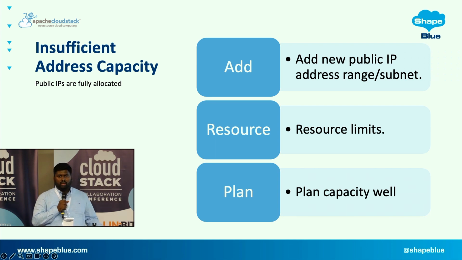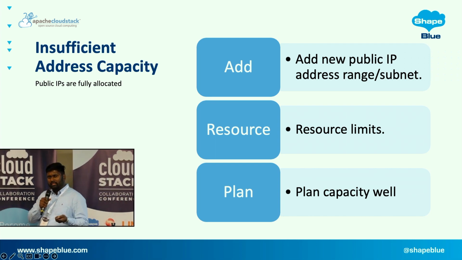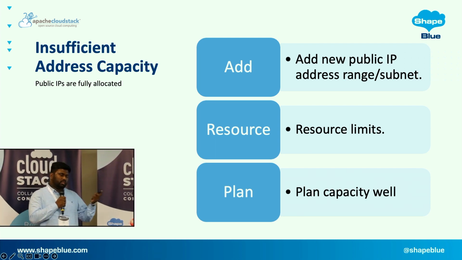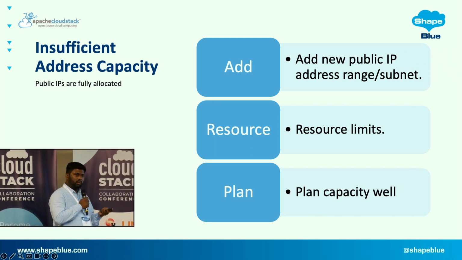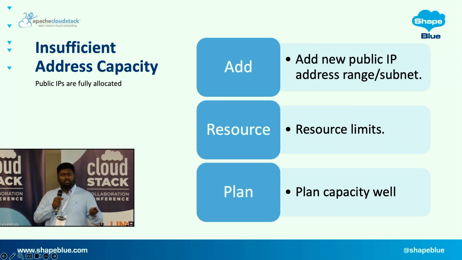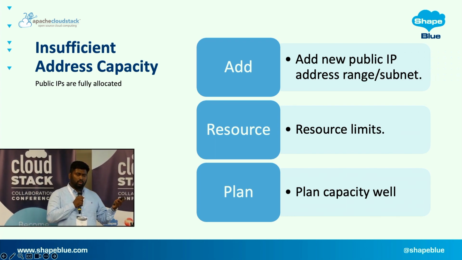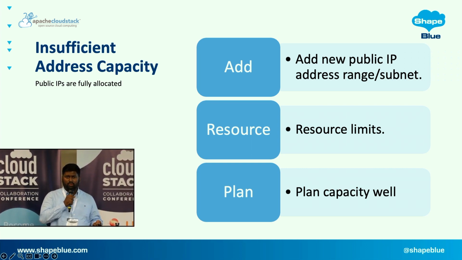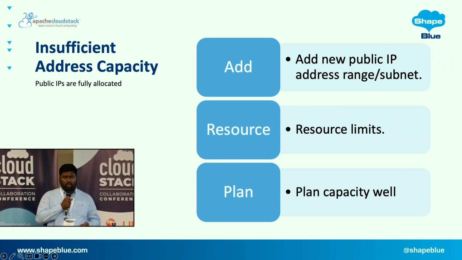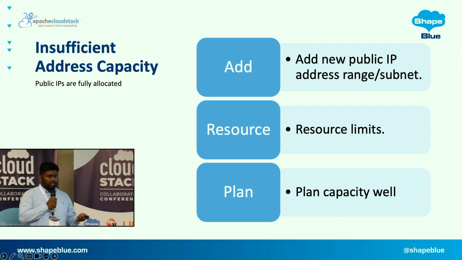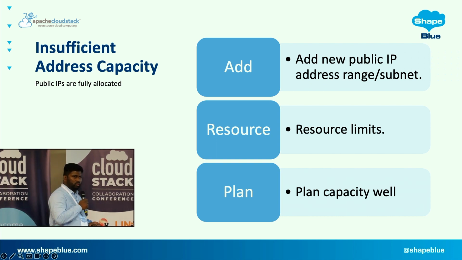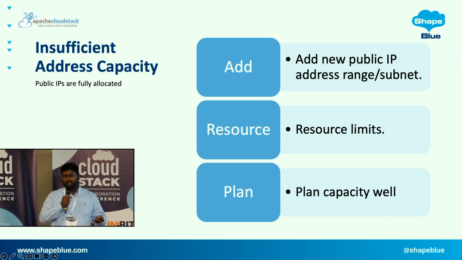These are different variations of insufficient capacity. If you need to deploy an instance, there are chances that you might need to acquire a public IP as well. In the case where the public IPs you have allocated to the zone are fully utilized, your instance deployment could fail. In such a case, the obvious solution is to add more public IP addresses.